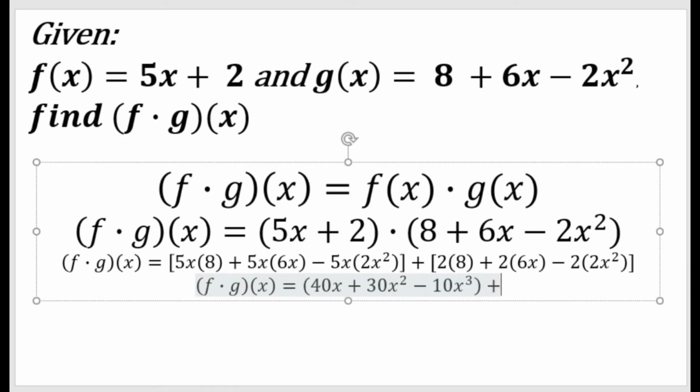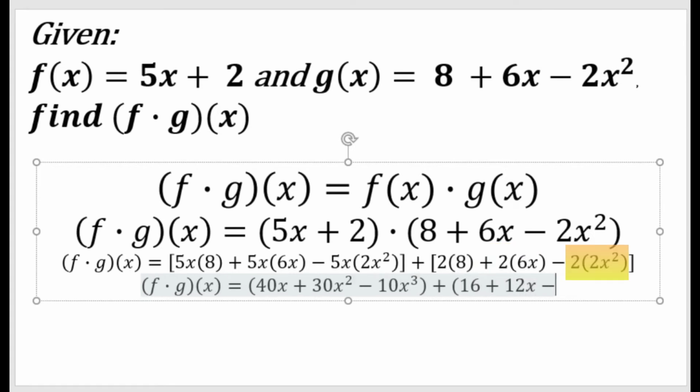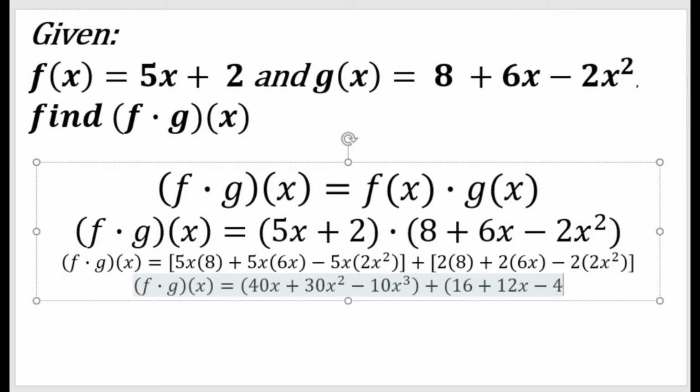Then plus, that's now going to perform the second part. 2 times 8, that is equal to 16, plus 2 times 6x, that is equal to 12x. And then minus 2 times 2x squared, that is 4x squared.